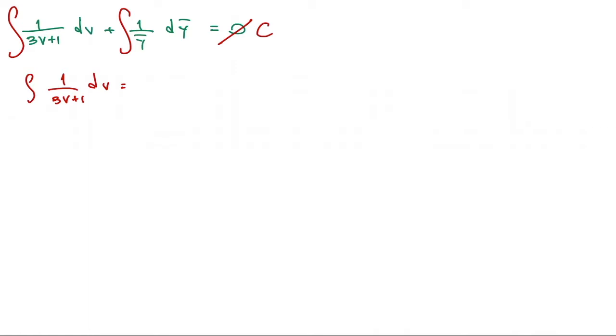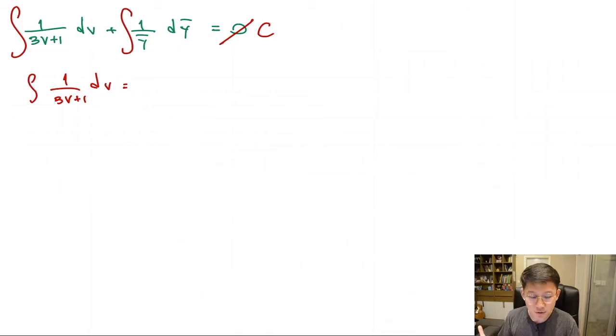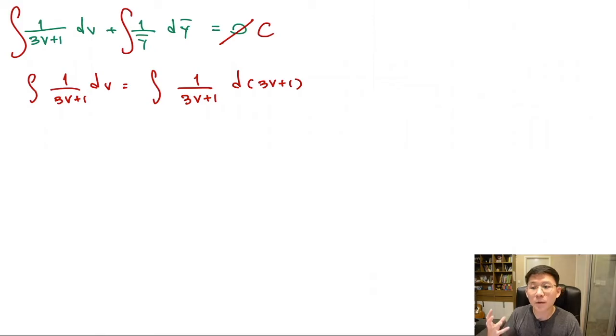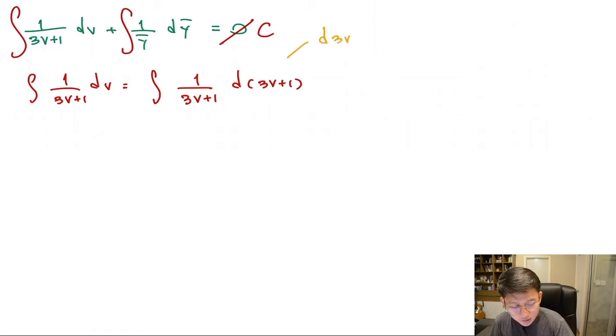If you remember in calculus, what we need to do is the substitution, 3v plus 1, and d of 3v plus 1. But d of 3v plus 1 is actually 3 dv, isn't it? Right, it's 3 dv. But here we have only dv, right?